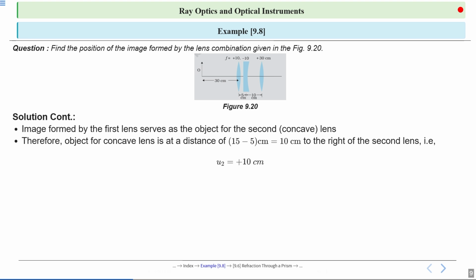Here we denote the object distance for the concave lens as u2 equals plus 10 cm. The positive sign indicates that the object is virtual for the concave lens, which is a key concept in understanding how virtual objects are treated in optics.